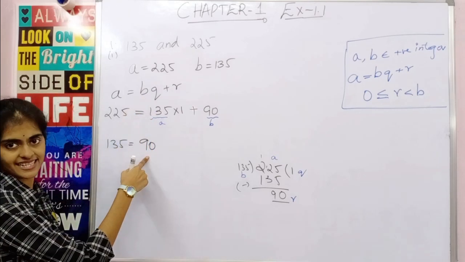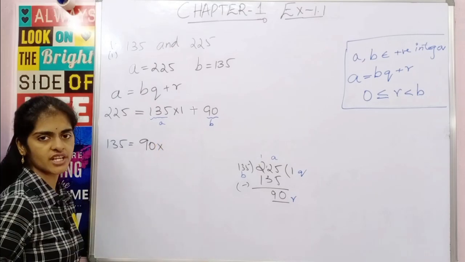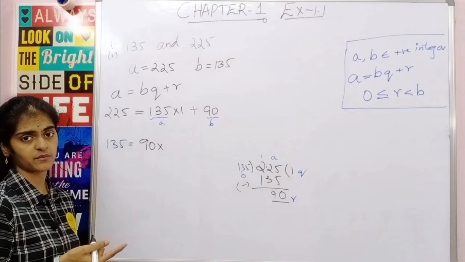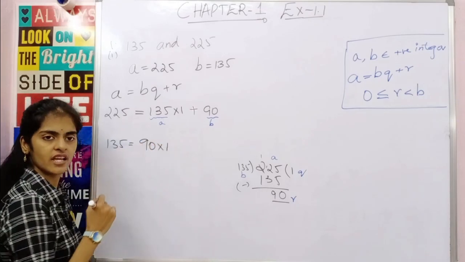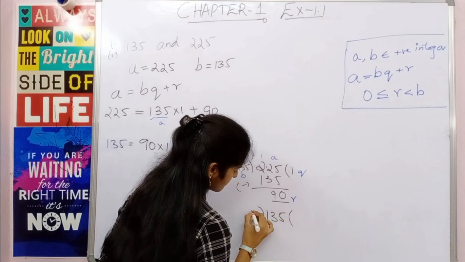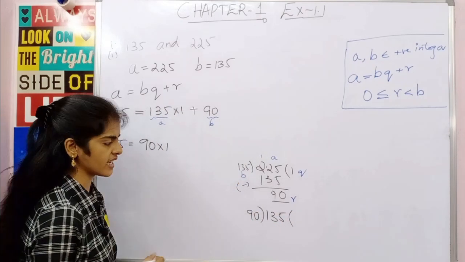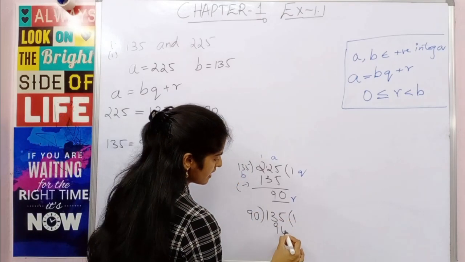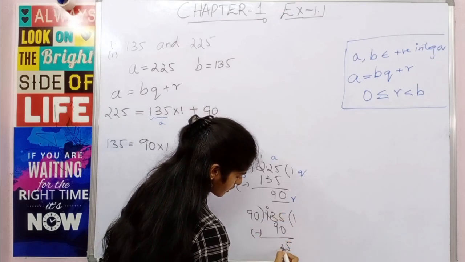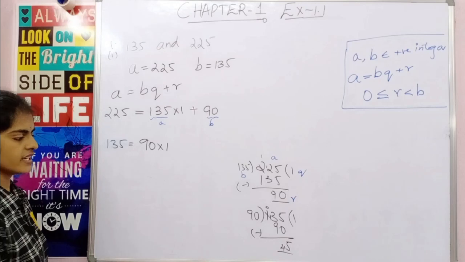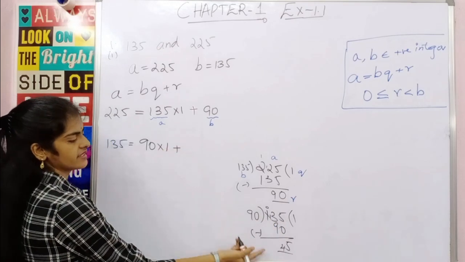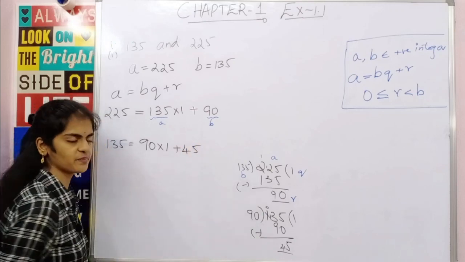What is the quotient? 90 multiplied 2 times gives you 180, so it goes only one time. Let me do it here for your clear understanding: 135 divided by 90, 90 goes only one time. Subtracting, you get 45. The remainder is 45 and the quotient is 1, so 135 equals 90 times 1 plus 45.